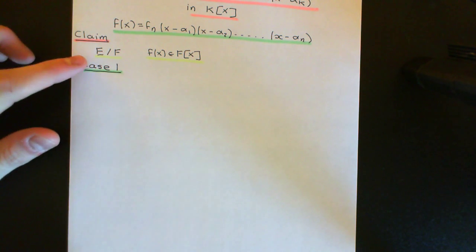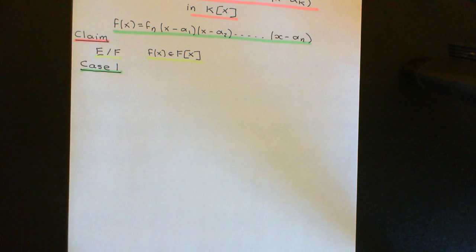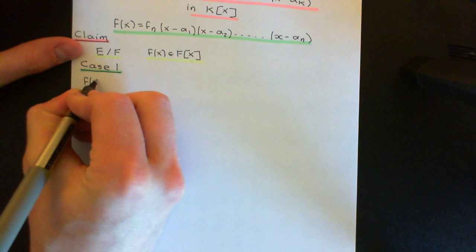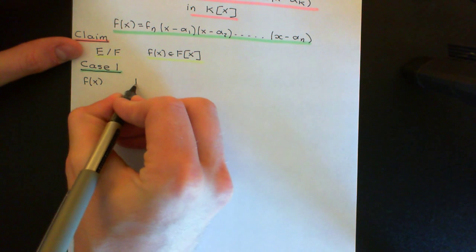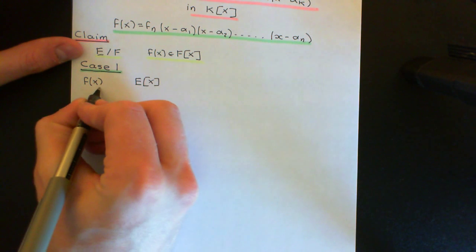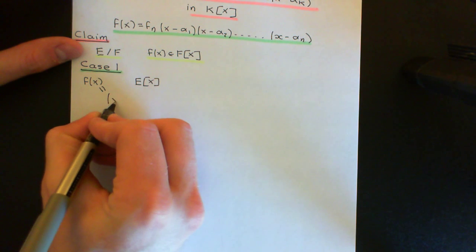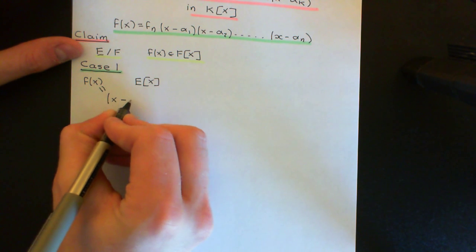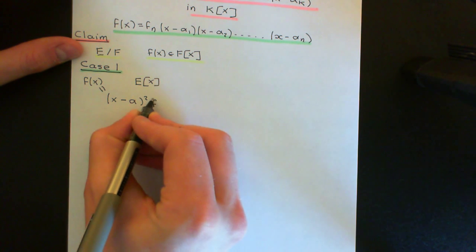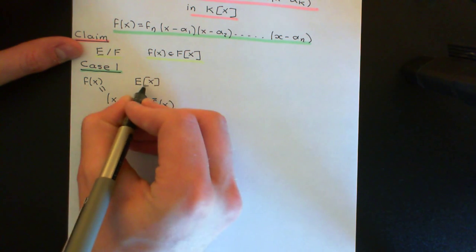So E is only going to contain a few roots of f of x. What I want to now show you is that those roots must still be simple roots, i.e. when we factorize f of x in this ring of polynomials over this field extension E, we're not suddenly going to get a root appearing twice. It's not plausible for you to get something like x minus, let's say, alpha squared times f bar of x as your factorization in here.